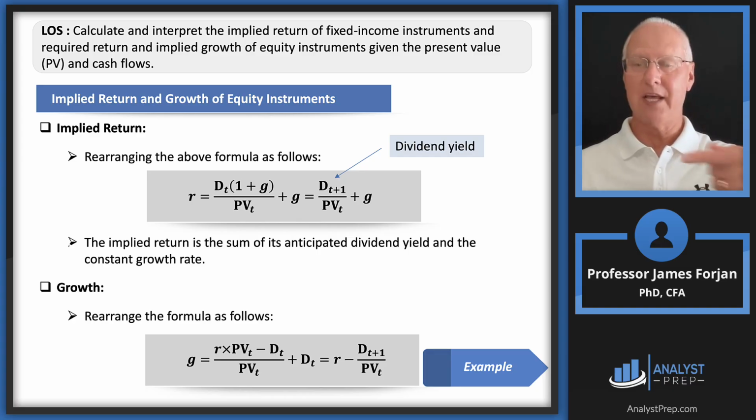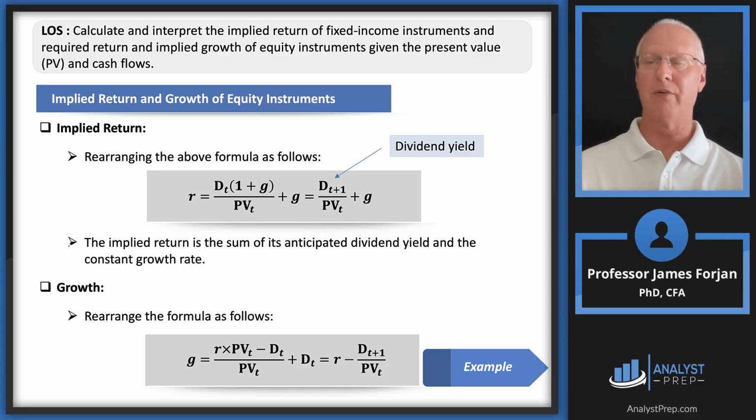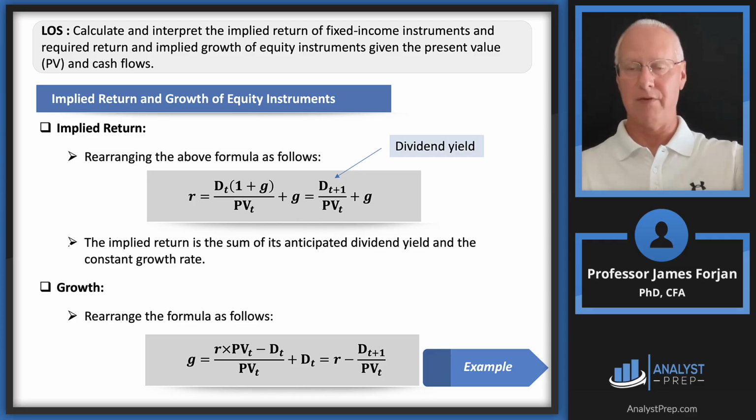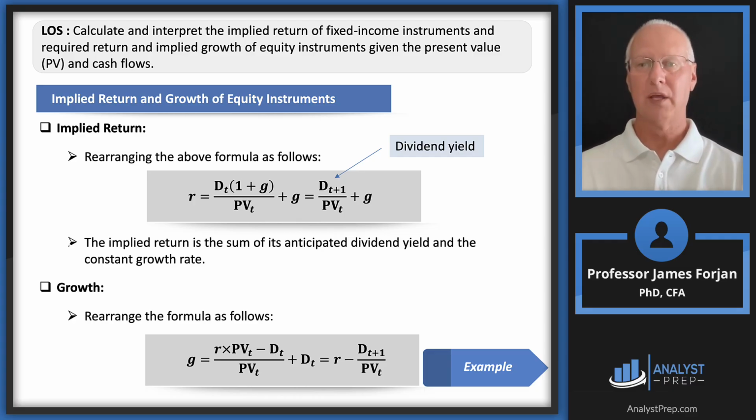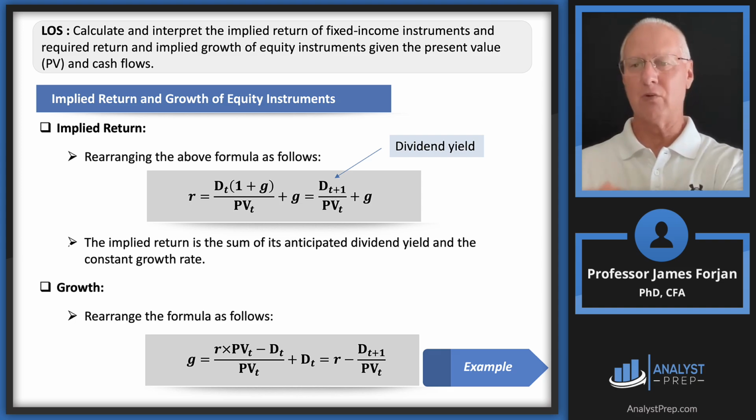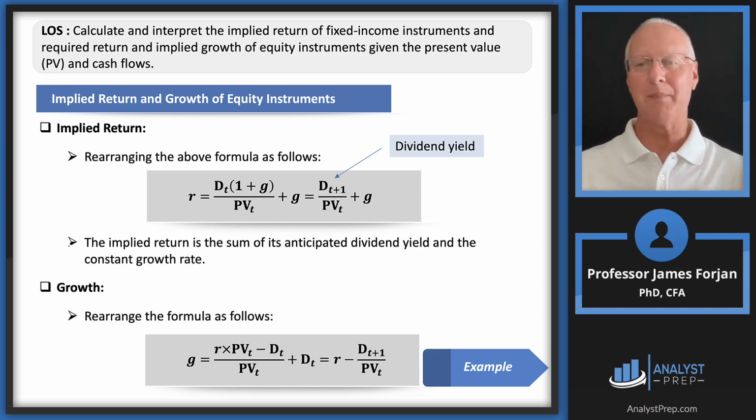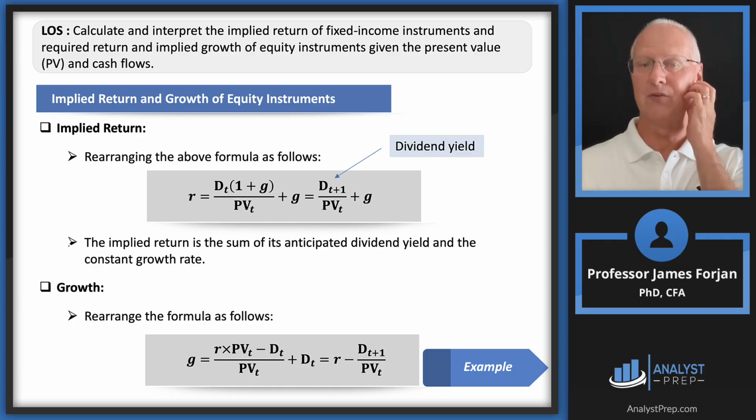Now, that dividend divided by the price has an important connotation. It's known as the share of stock's dividend yield. And that growth rate, the plus G, some people say captures the capital gain associated with buying a share of stock. I'm okay with thinking of it that way.